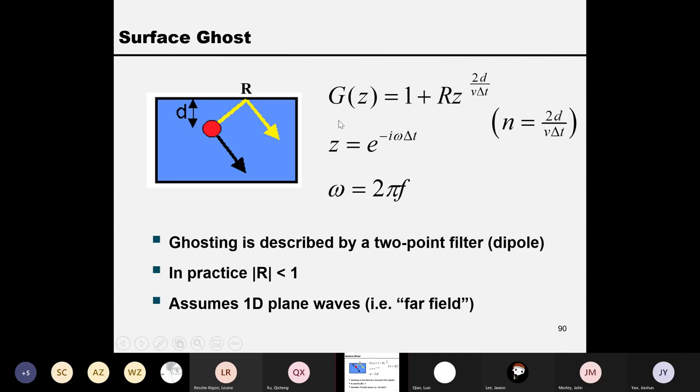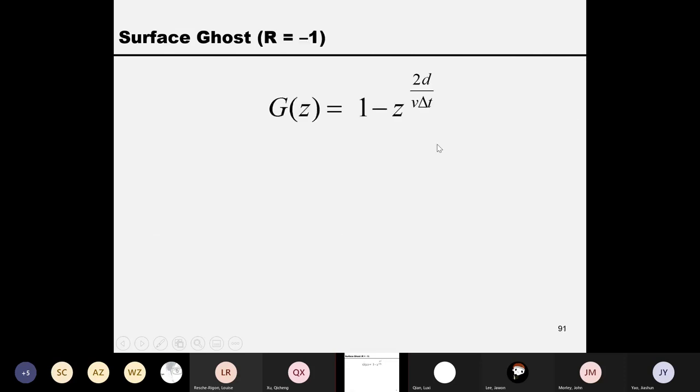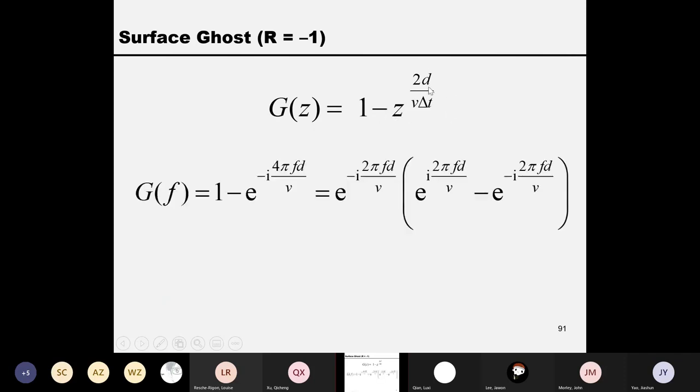Now if we recall that Z is the unit time delay operator, it is e to the minus i omega delta T. Omega is 2 pi f, f is the frequency, right? So you end up with this formula, because R was -1, here is the N. Now we do the calculation.